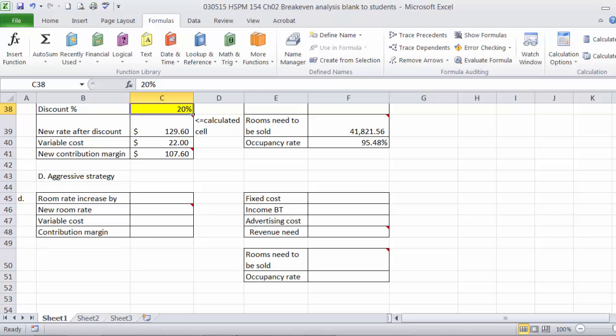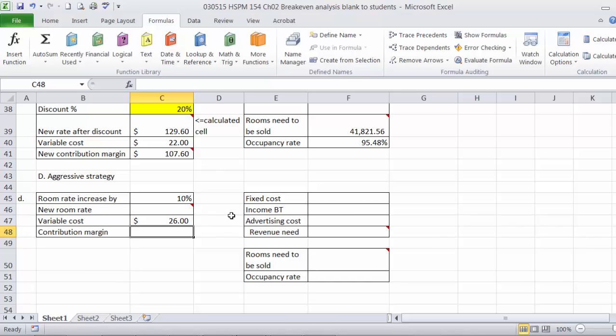Assuming we want to increase the average rate by 10%, how can we do that? We add more amenities and more features to the room, although it increases our variable cost to $26.